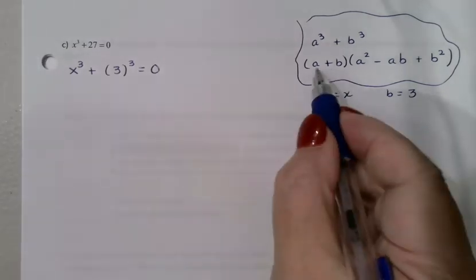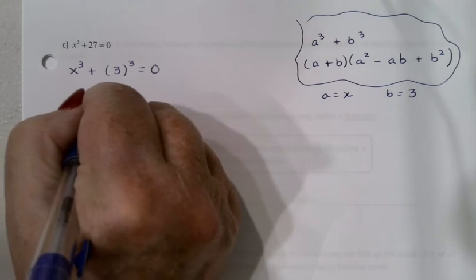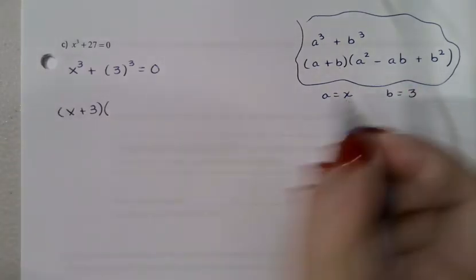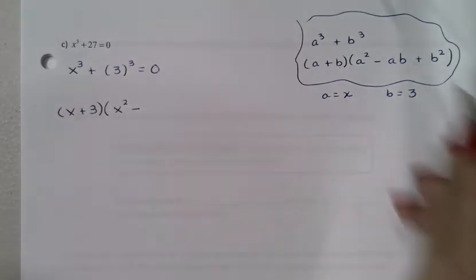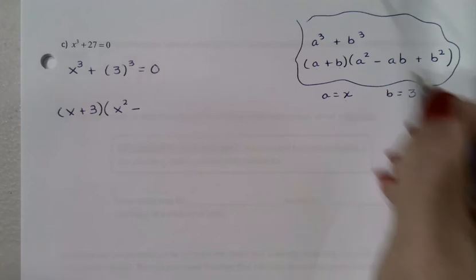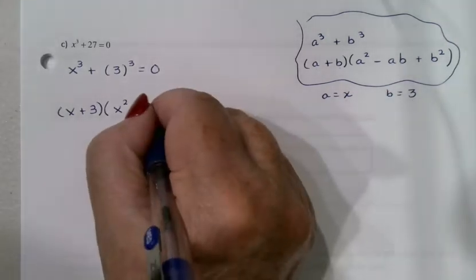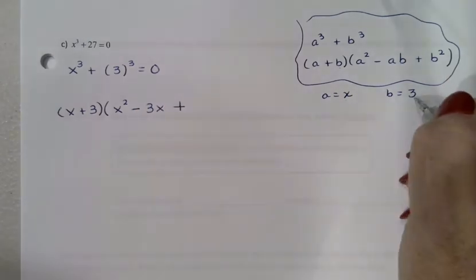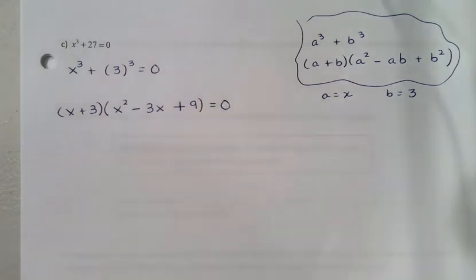So I would start with a plus b, which is x plus 3. And then I get a squared, so that's x squared. Subtract a times b. Multiplying those together is 3x. Plus b squared. 3 squared is 9. So there's my factored form.